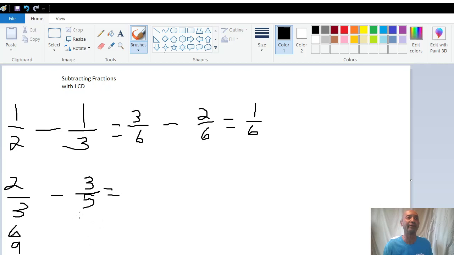And then over here we've got 5, 10, and 15. So our common denominator is 15. And 15 in the denominator.